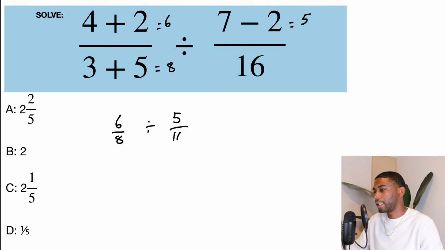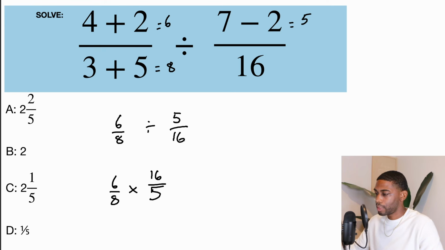So let's do it like this, right? Instead of simplifying that 6 over 8, for whatever reason, if you found yourself trying to solve this, let's see what we can do. So 6 over 8 stays the same because we keep the first fraction. Now we're going to multiply by the reciprocal, 16 over 5. And look at this. 8 and 16, we can do our cross simplification by using the number 8 itself, right?